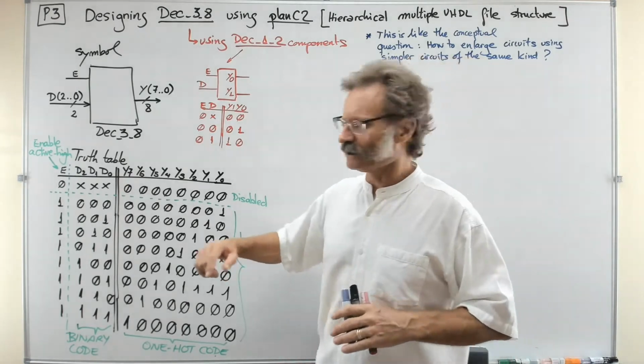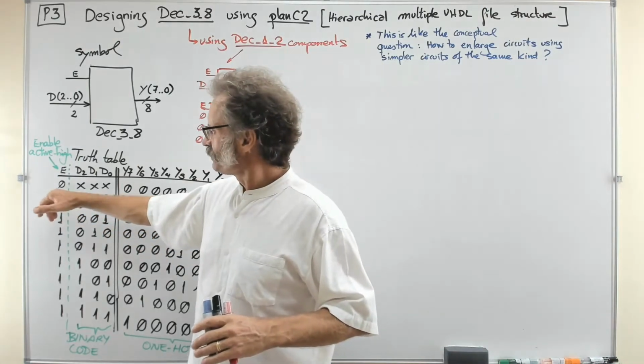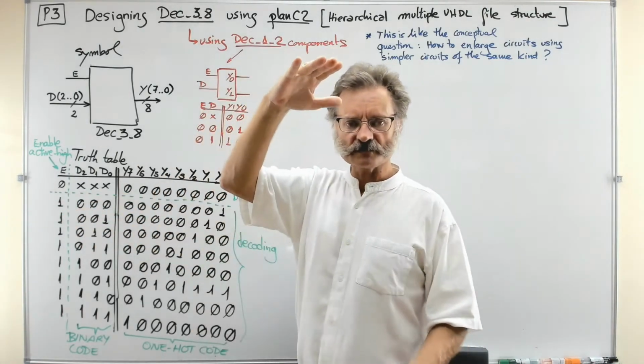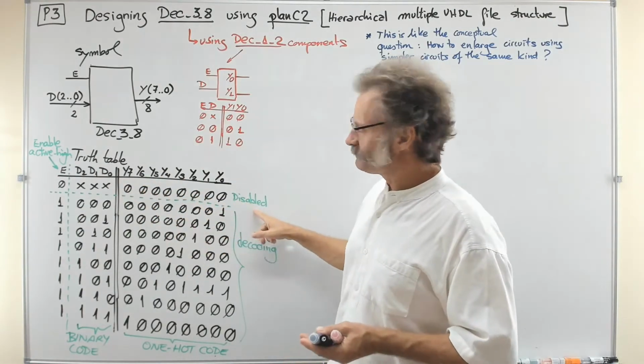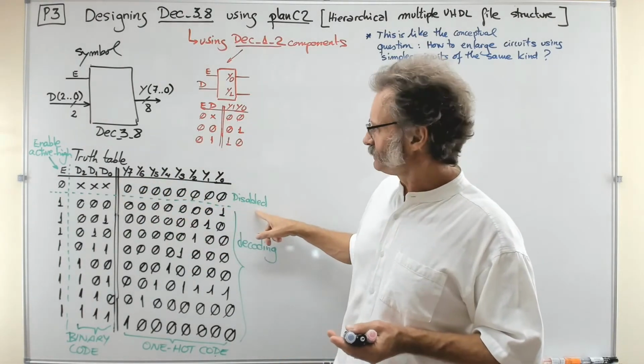For example, if enable is 0, we can just string in the same row all the situations that mean a disabled circuit.